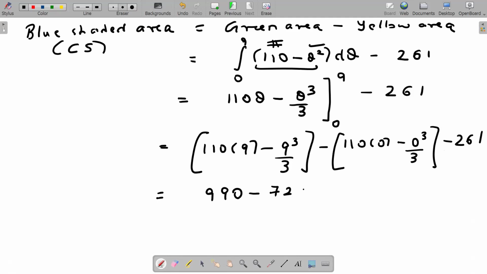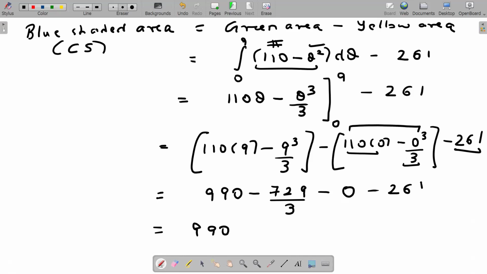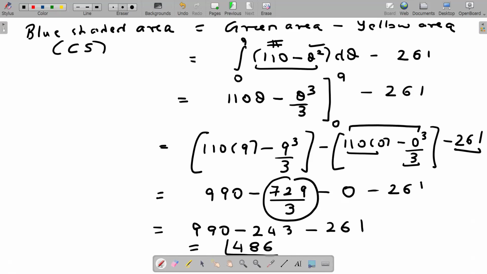That's 729 over 3. This whole thing becomes 0 because this is 0 and this is also 0, minus 261 coming from here. So this is going to be 990 minus 729 over 3, which is 243, minus 261. It comes out as 486. Students can verify this, that the required consumer surplus is 486.